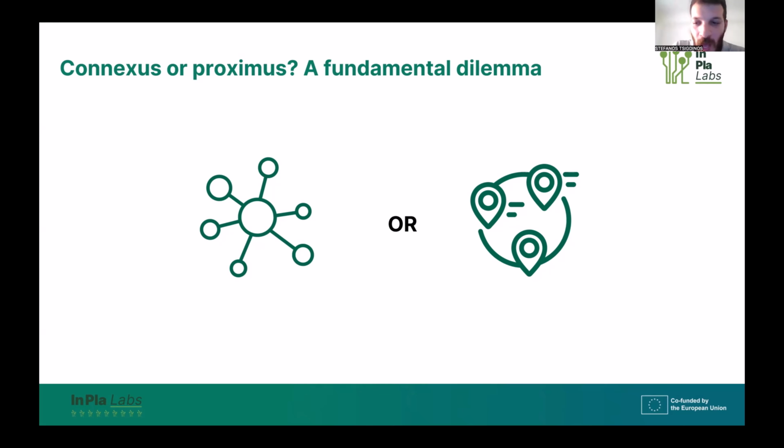It's not 0 or 1. It's not a binary dilemma. It's like a binary at first, but combining the solutions could also be something that we can do. Let's dive into each approach, and then we will see their combination.